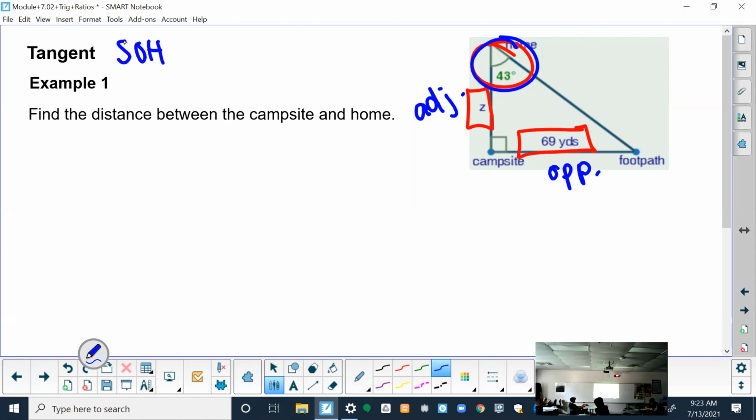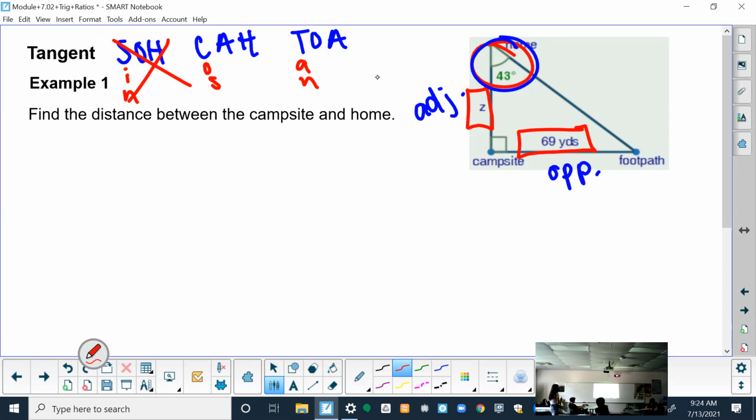Out of all the trig functions, which one is the only one that has opposite and adjacent? Sine, I think. No, it doesn't have the adjacent, so it's not going to be sine. It's going to be tangent.